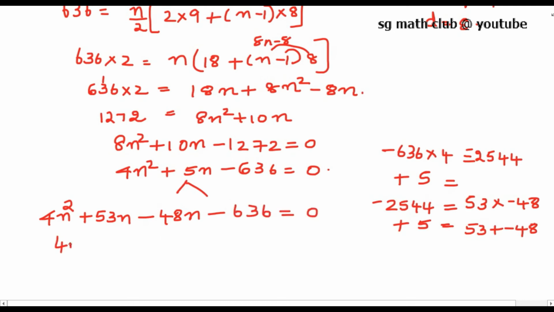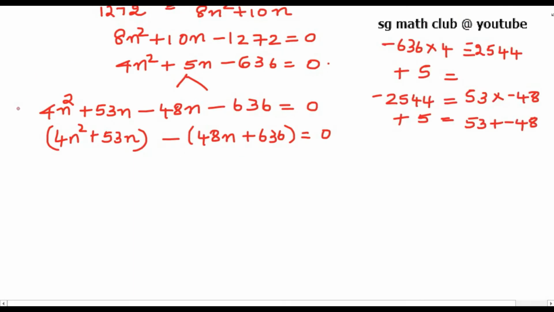We can group this. 53n, this will be the first group. Again 48n plus 636 equal to 0. Now we can take outside the common term. Here n is common. So when I take outside, I have 4n plus 53. Here 12 is common.